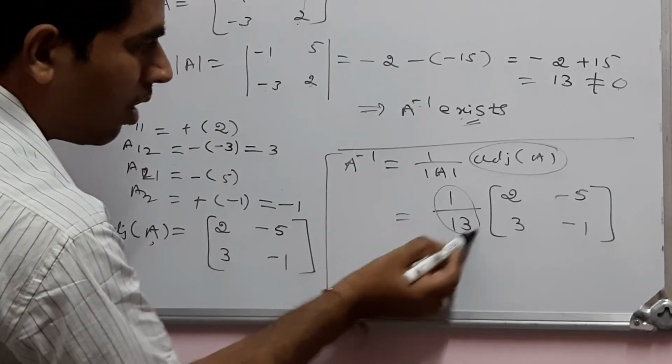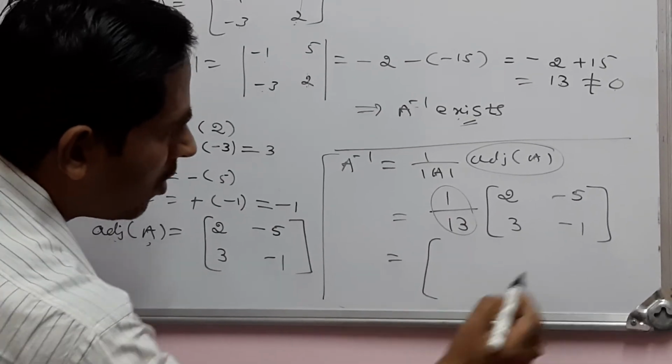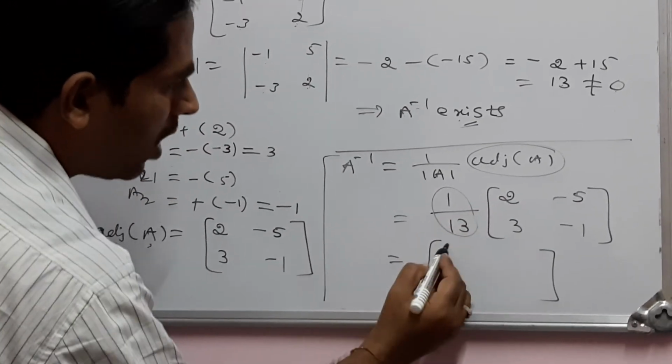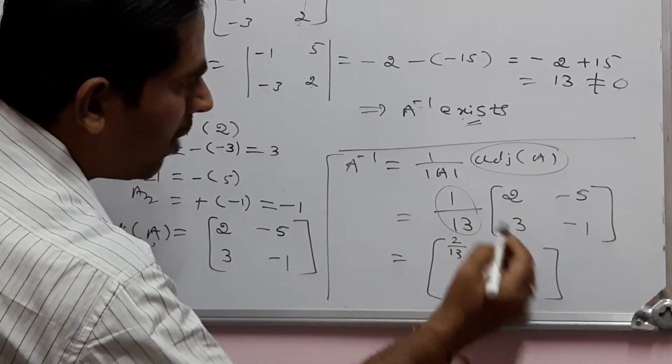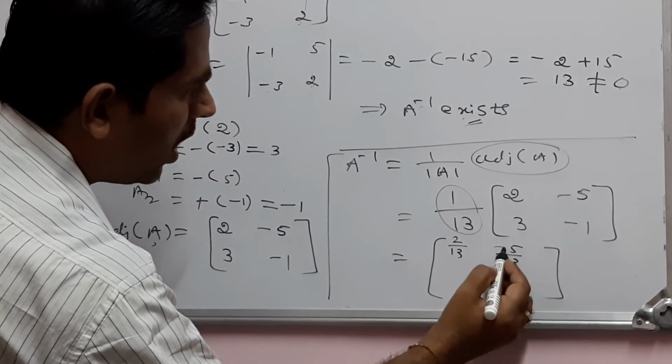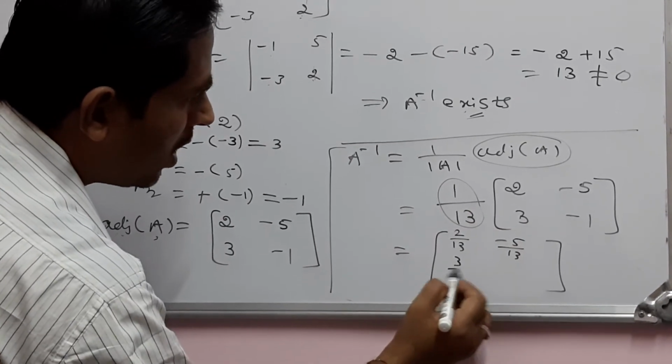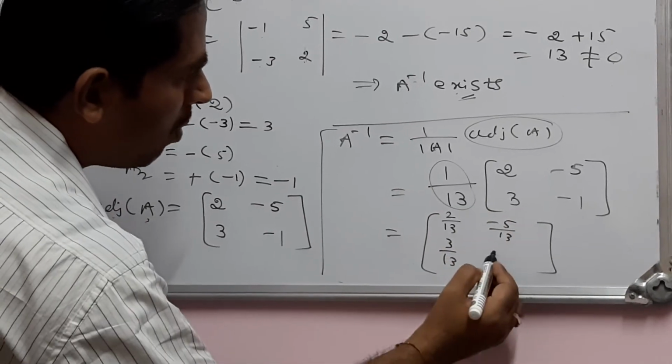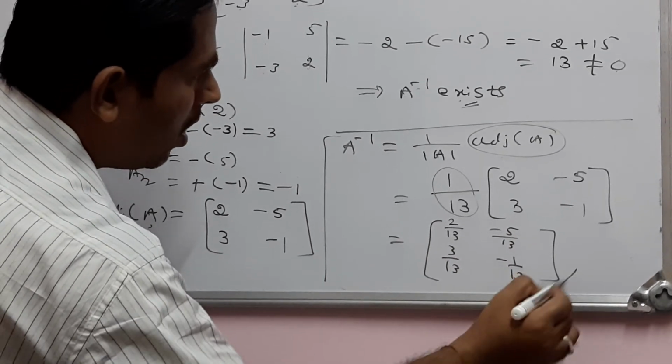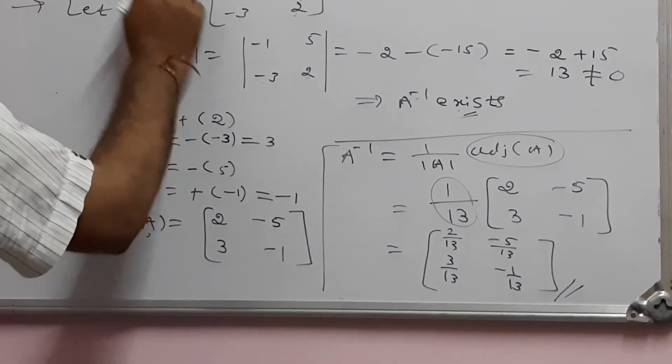This is a scalar, so you can multiply it: 2 by 13, minus 5 by 13, then 3 into 1 by 13, that is 3 by 13, minus 1 into 1 by 13, that is minus 1 by 13. So this is the inverse of the given matrix.